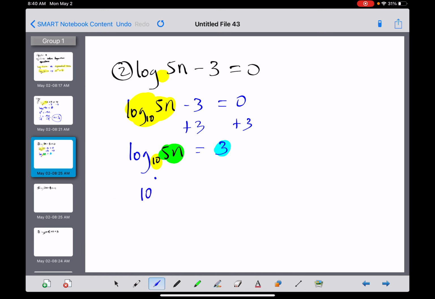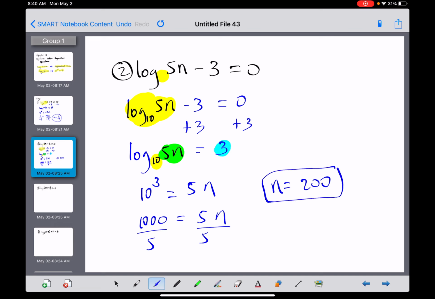So 10 to the third power is 1,000, which is 10 times 10 times 10, and that is equal to 5n. Then to get n by itself, we divide both sides by 5, so n is equal to 200. Now, when it comes to log equations, you do have to make sure your answers make sense or not, which we will discuss later tomorrow, okay?